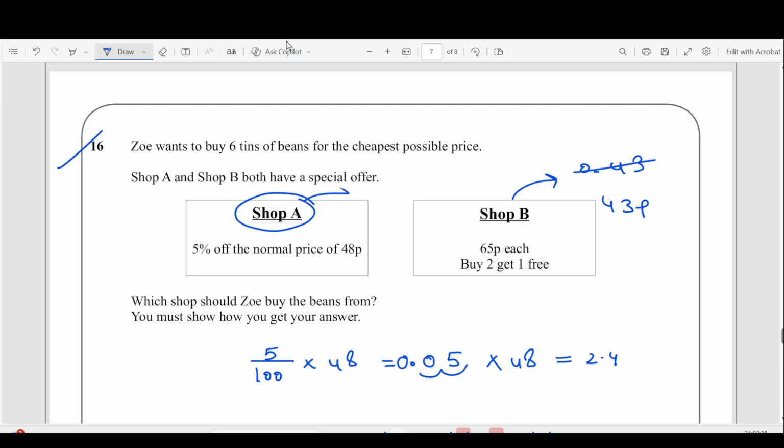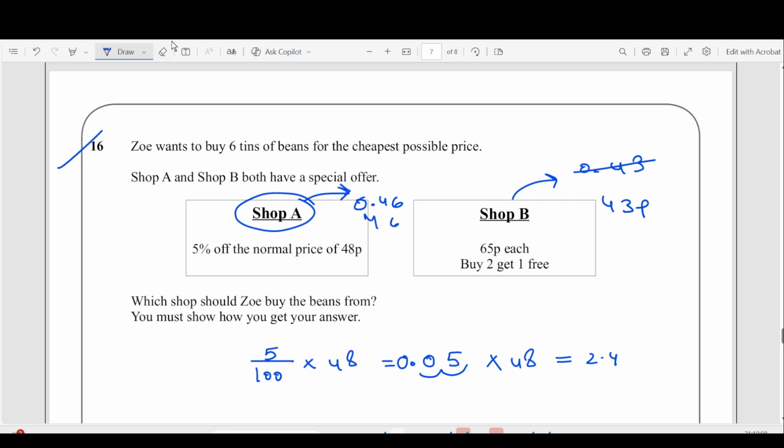And for shop A? Shop A is 0.46. 46 cents. Okay.